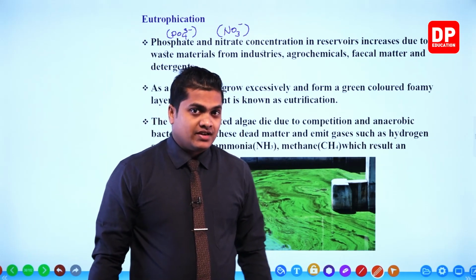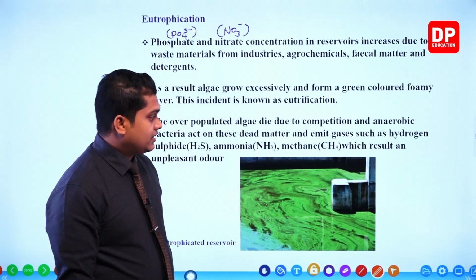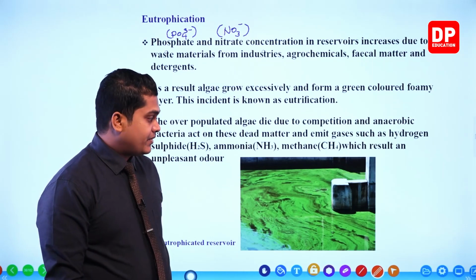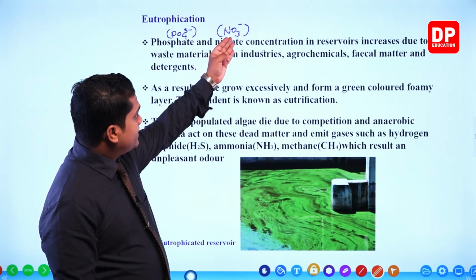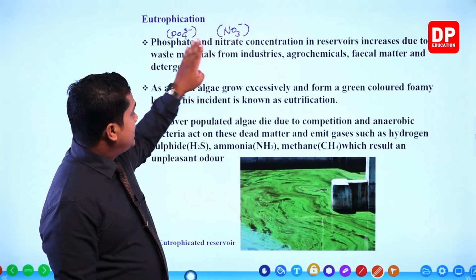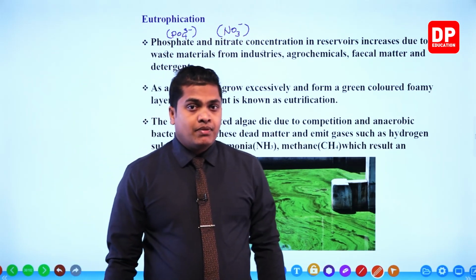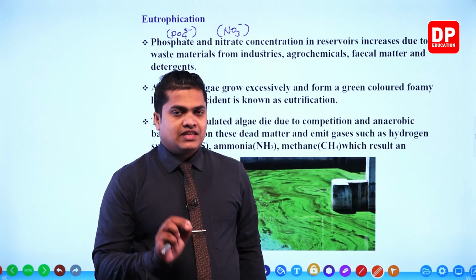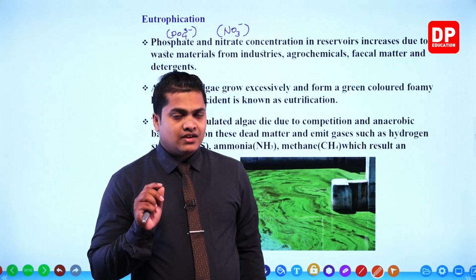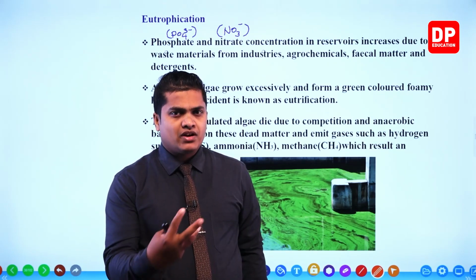So my dear children, like given in the figure, what will happen? Because of the increasing concentration of nitrates and phosphate compounds, algae will grow excessively within these reservoirs because these factors are much favorable for algae.